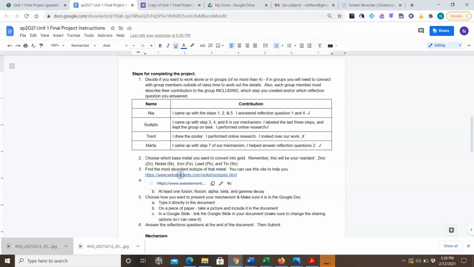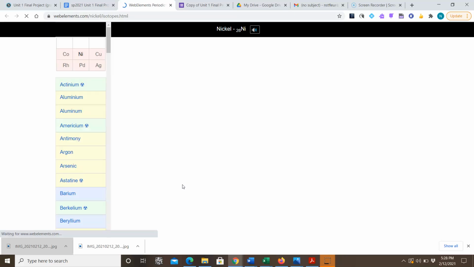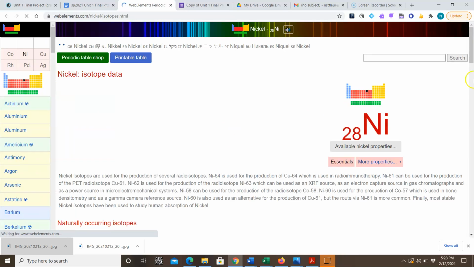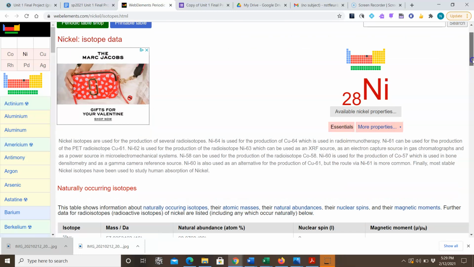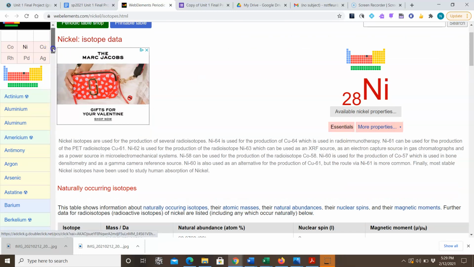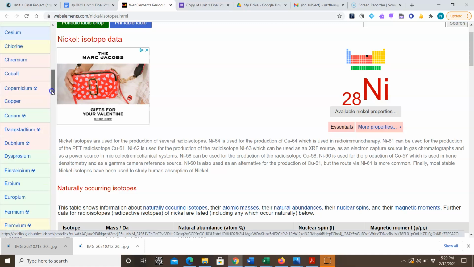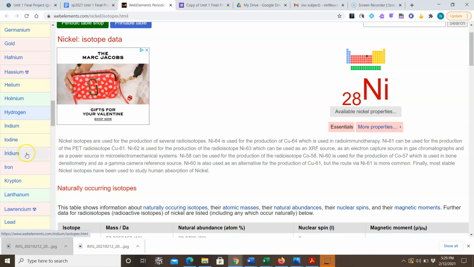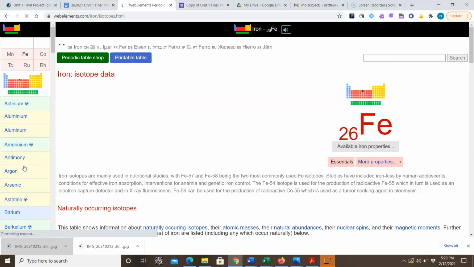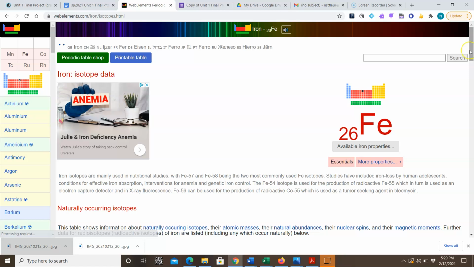And you go to this website here, you open it up. It'll take you to, this one starts on at nickel, so information here for nickel, but we need iron. So to get to iron, you would scroll down until you find iron. There we go. When we're looking for the most abundant isotope, remember that elements can have more than one naturally occurring isotope.